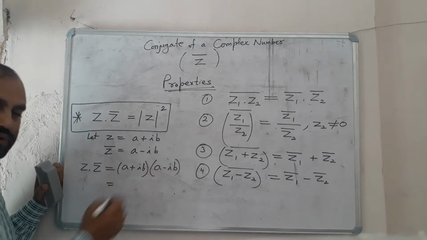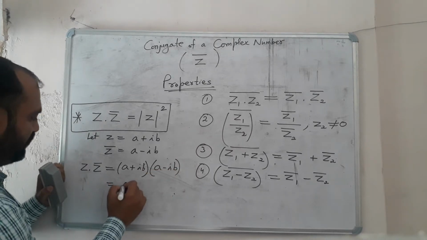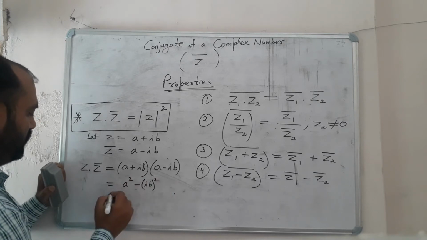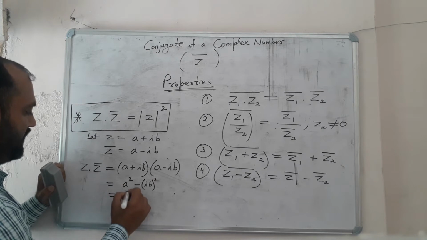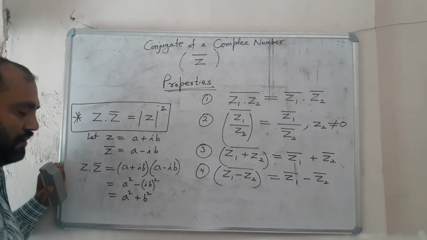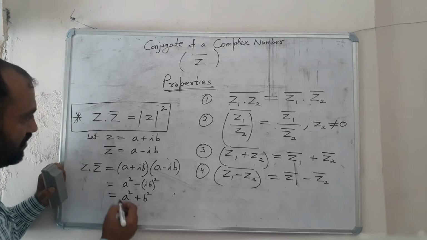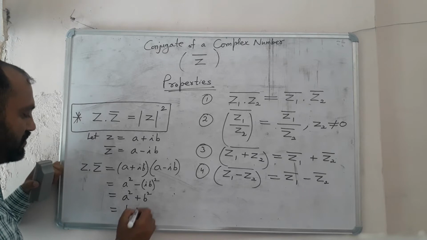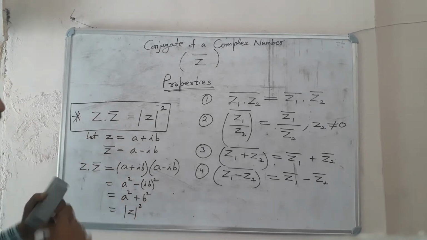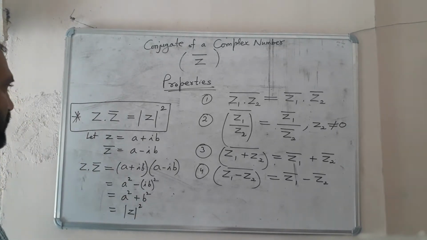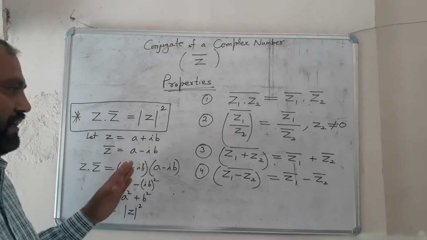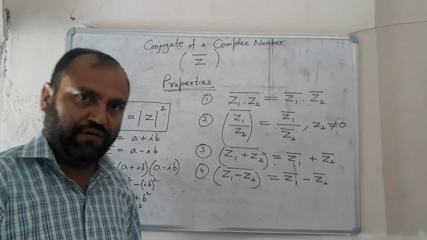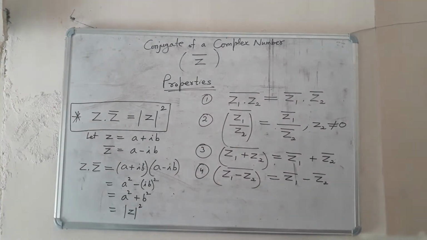When you use the identity here, you will get a square minus iota b whole square, so the result is a square plus b square. This a square plus b square is the value of mod Z square. So this is the most important property relating conjugate and modulus. So this is about the conjugate of a complex number. Clear?